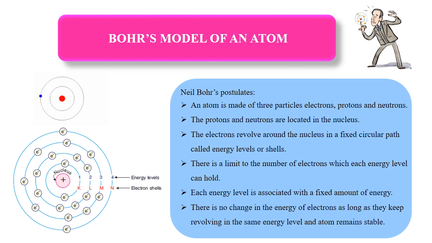When an electron gains energy, it jumps from a lower energy level to a higher energy level, and when an electron comes down from a higher energy level to a lower energy level, it loses energy. Hence, all these discussions help us understand the three models of an atom.